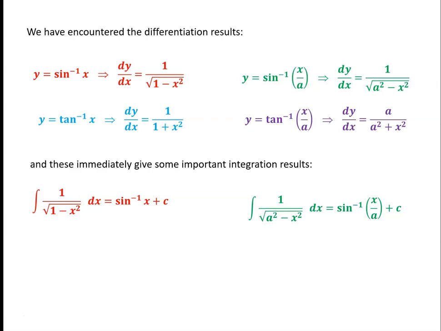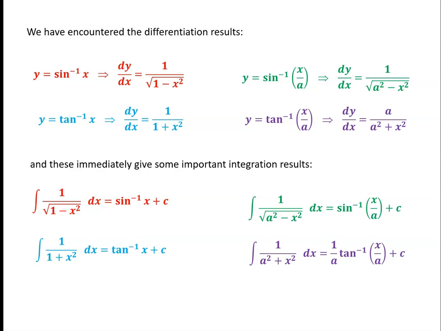We've also got the integral of 1 over 1 plus x squared is tan to the minus 1 of x plus a constant. And the final result here is the integral of 1 over a squared plus x squared is 1 over a tan to the minus 1 of x over a.